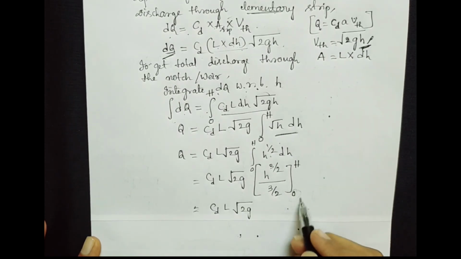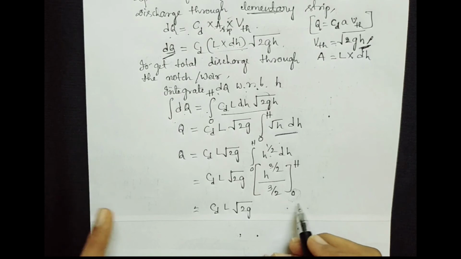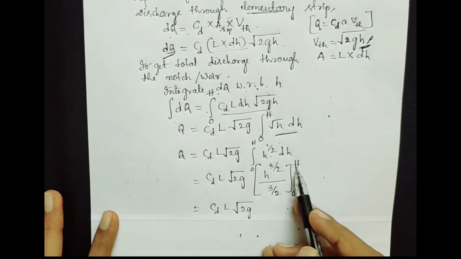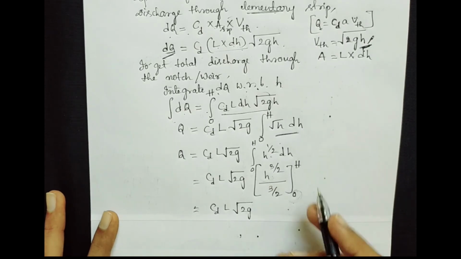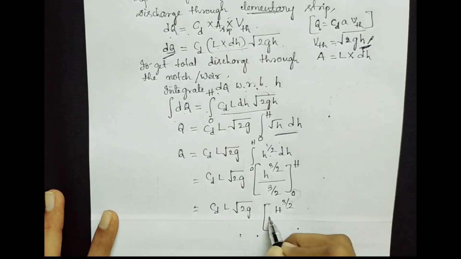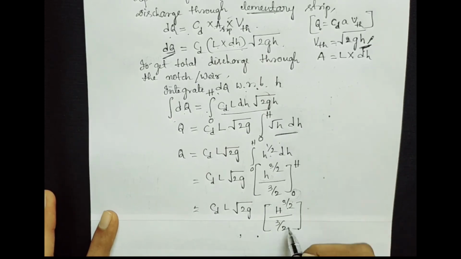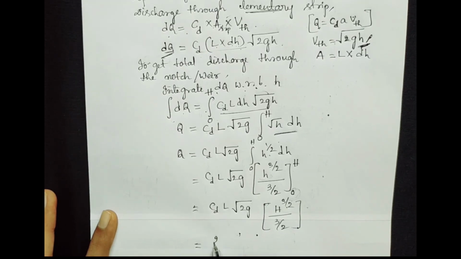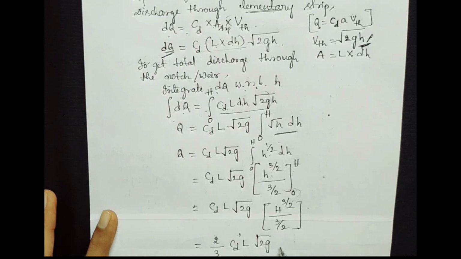The lower limit is 0, so you will get 0. Just apply the upper limit in place of h, and it will be H to the power 3 by 2 divided by 3 by 2. Simplifying, it will be 2 by 3 Cd L root 2g H to the power 3 by 2.